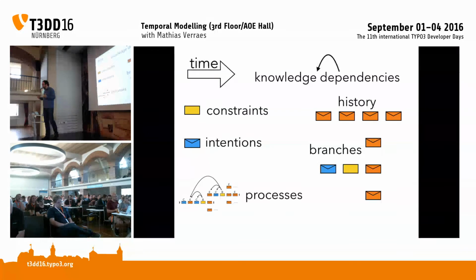There's time, first of all, so we see history, not just facts at one point in time, but the history of the system. We see these, I call them knowledge dependencies, these arrows going back from business rules that show us how things are connected, how a business rule needs to make its decision. Why is that interesting? Because we can now see things that cluster together. If some business rules have a lot of arrows going back to some events, they belong together.